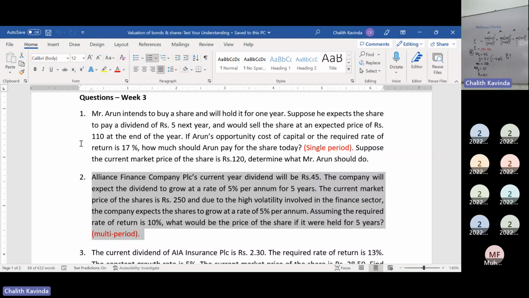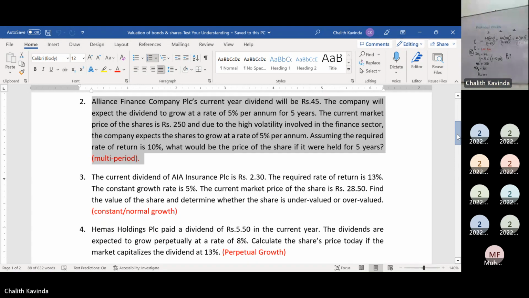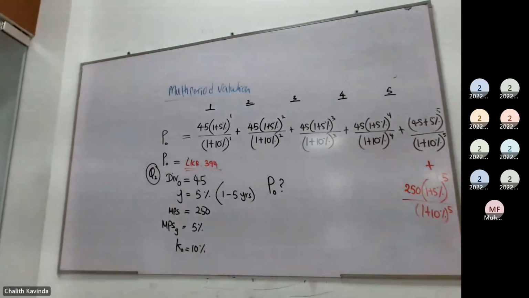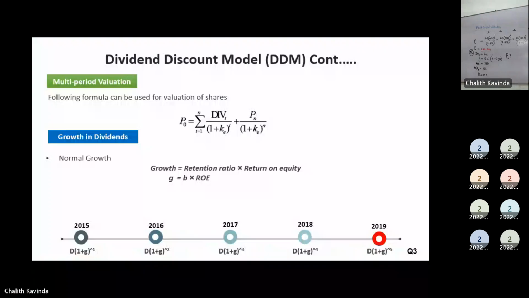Nothing more. Right, so now you know how to do a multi-period valuation and a single period valuation.